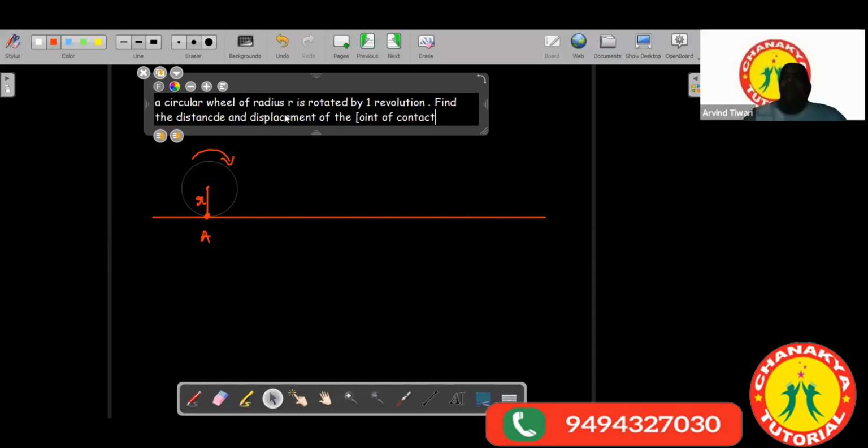Okay, so this is a part of your homework. Please do it as homework. Check if you are able to get the answer. I hope you have understood this problem.